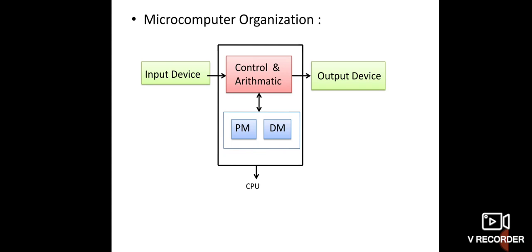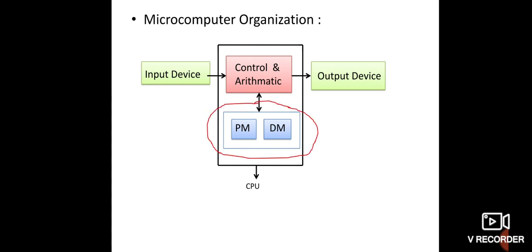Now we feed the data or instruction to the system using input device. Where are the actual instructions stored? In a memory called program memory. And what about data memory? Data is stored in another part of memory called data memory. See here, PM and DM.